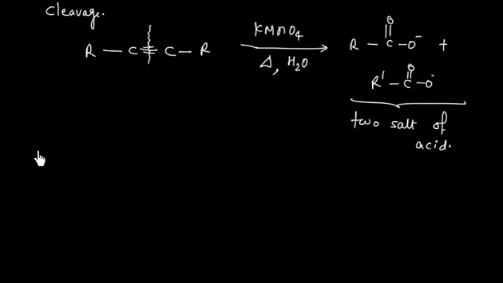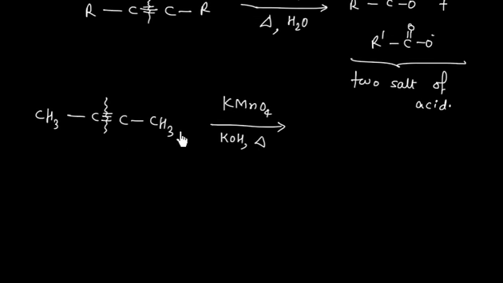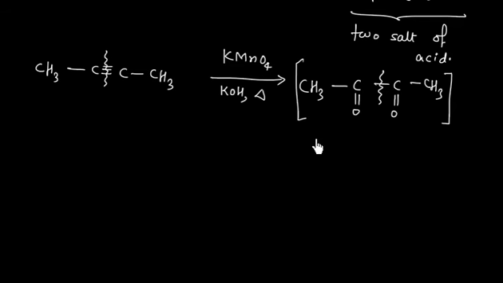For example, let us say I have CH3, C triple bond C, CH3, if this is treated with KMnO4, the solution is basic, let us say add KOH, and heat is also given. So in this case we have to break this bond. Initially a diketone will be formed, but this diketone will undergo oxidative cleavage. So this becomes unstable under basic condition and high temperature.